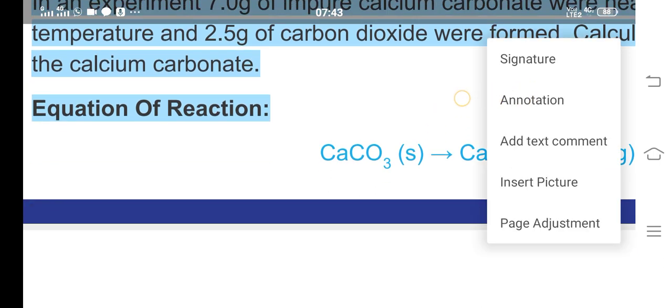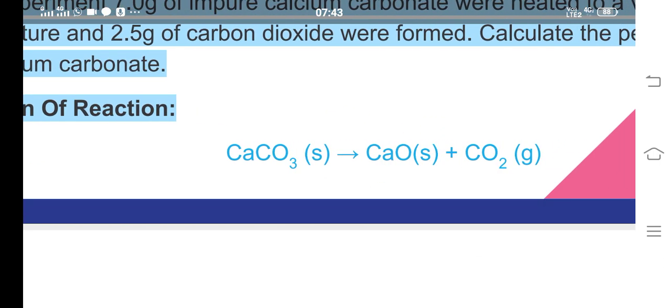Now you can see the equation is calcium carbonate CaCO3 in the form of solid. When we heat calcium carbonate at high temperature, that will be converted into calcium oxide in the form of solid plus carbon dioxide in the form of gas.